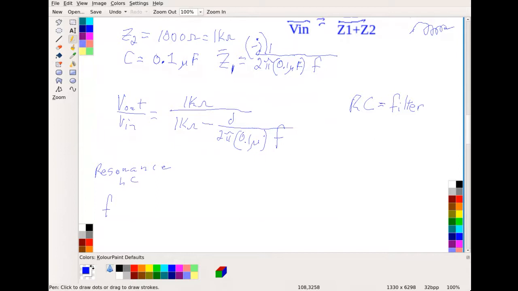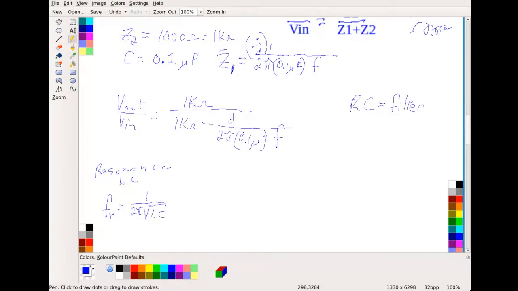We had that resonant frequency, and the book used S for series or P for parallel, but just using the series version of it here and ignoring the resistance in the inductor, it was 1 over 2 pi square root of LC.